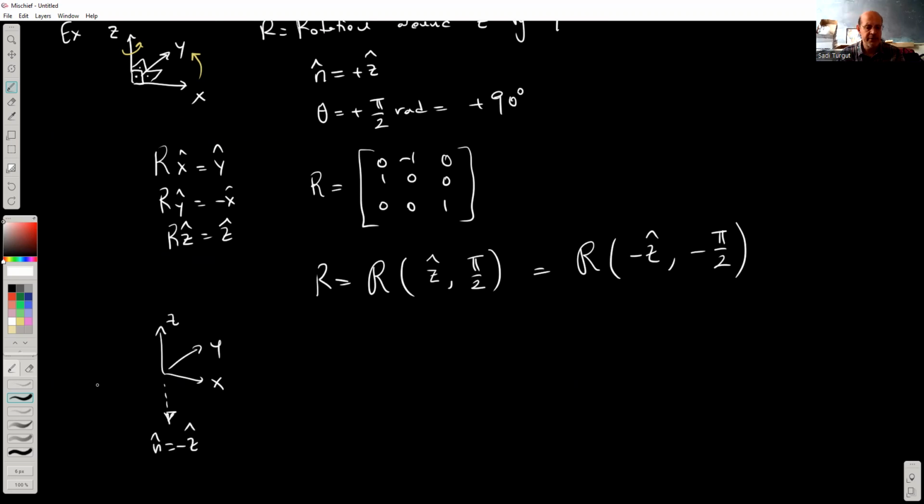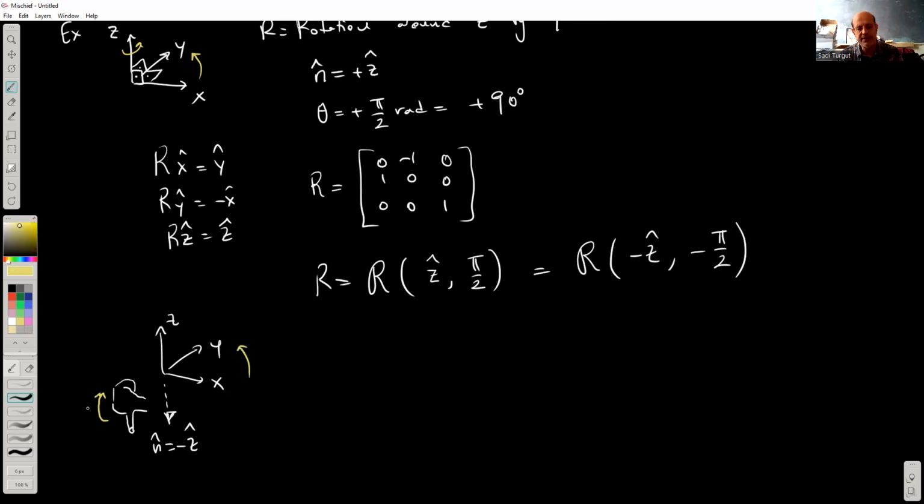So if I actually draw the right hand in here, like that, with the thumb pointing down, in which case my other four fingers will be like this, right? In that case, that's the direction for the positive angles, but the rotation is in the opposite direction. So the rotation is by 90 degrees along this direction.